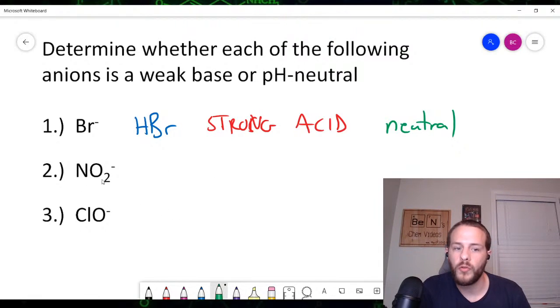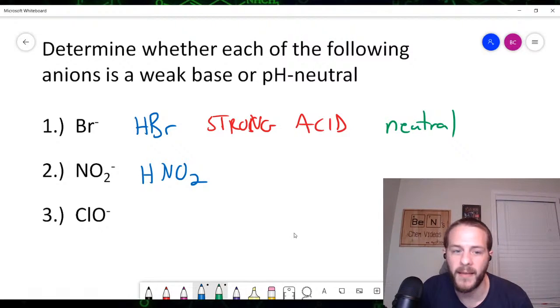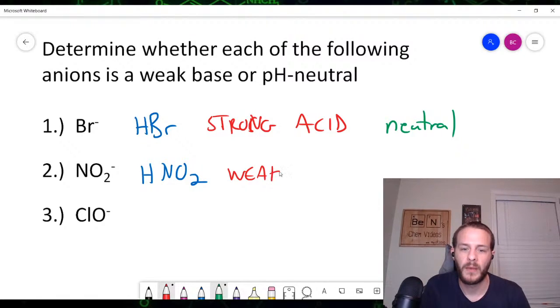Now, the next example is NO2-. That's the conjugate base of which acid? That would be HNO2, called nitrous acid. So the question again is, is HNO2 a strong acid or a weak acid? If you look in the reference tables of your chemistry textbook, you will find that HNO2 is a weak acid.